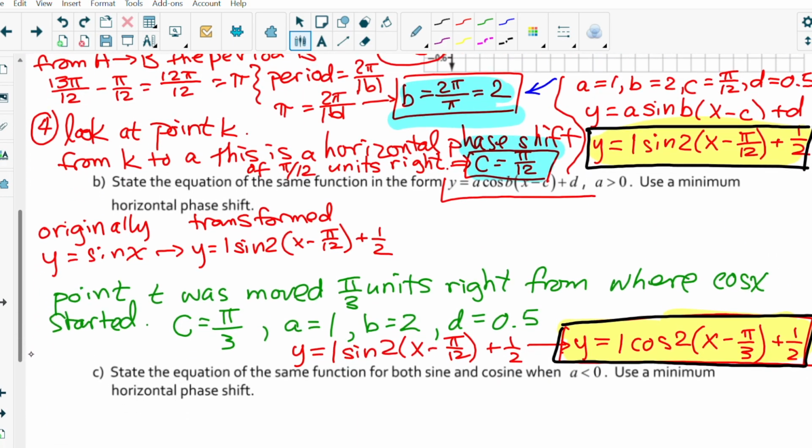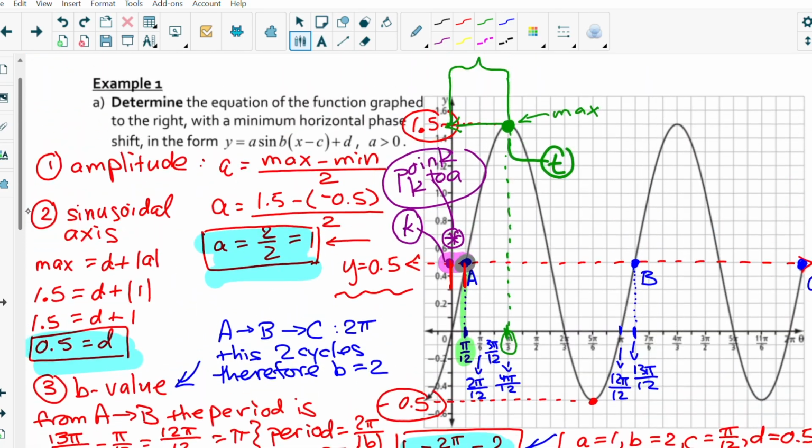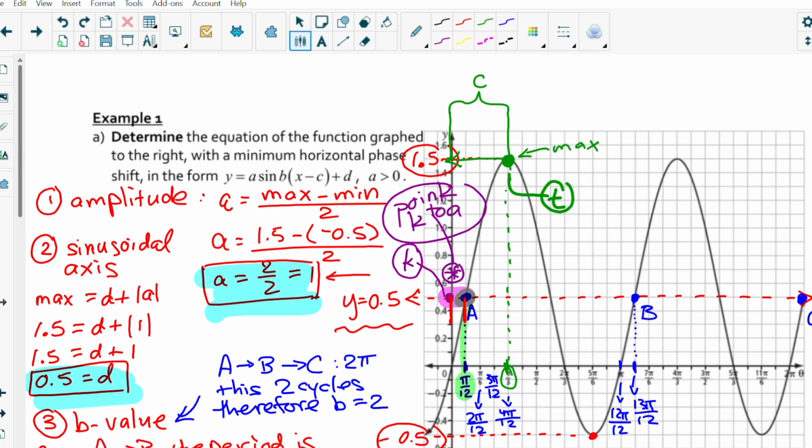Okay, so let's think of it this way. So first of all, let's look at our max and min values, right? So our max values, right? How many units apart are they?